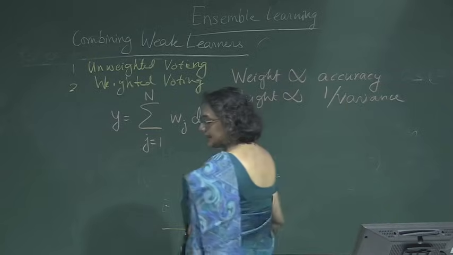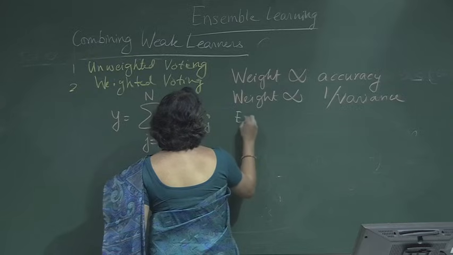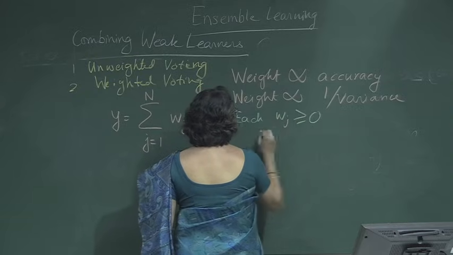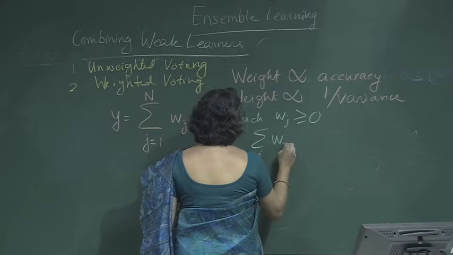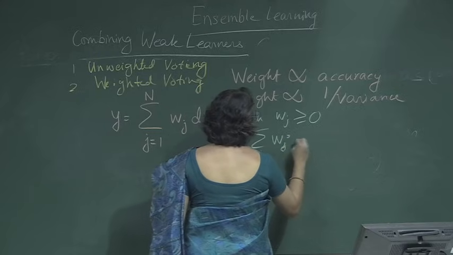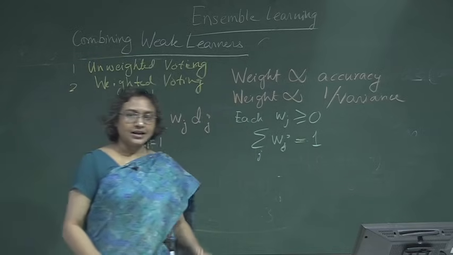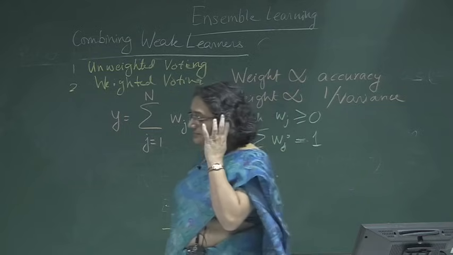They must satisfy certain conditions. Each w j must be greater than or equal to 0 and the sum of w j over j equal to 1 to n must be equal to 1.